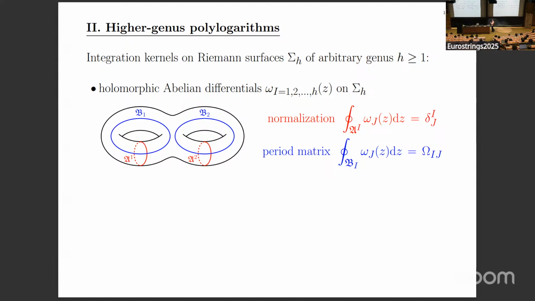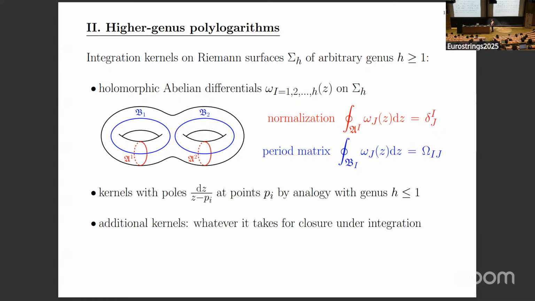And in the context of integration kernels, these abelian differentials, they are a must. They will be among our integration kernels. But as you can expect from genus 0, for the first polylogs you saw, they came from integrating simple poles. We also want to do that at higher genus, so there must be some singular kernel besides the abelian ones, which are holomorphic.